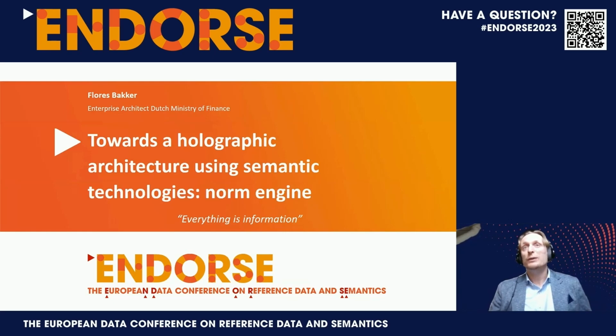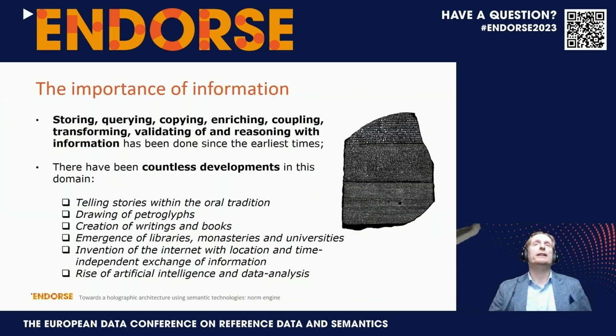Basically it amounts to everything is information. Let's see what the principles behind it are. One principle is the importance of information. It is pretty much obvious, especially at the Endorsed 2023 conference, that information is central to it all. But information in the broadest sense of the word. Not only your usual artifacts like a law or perhaps a dashboard or some data set, but anything that we need to provide our government service.